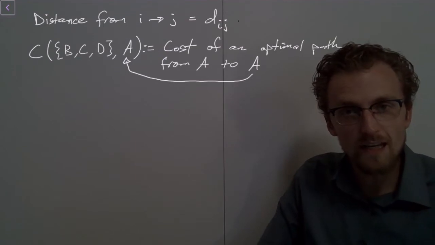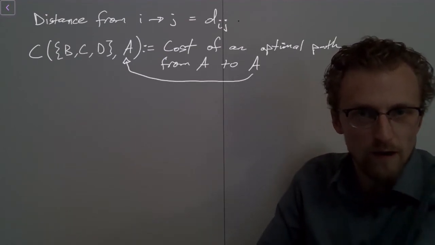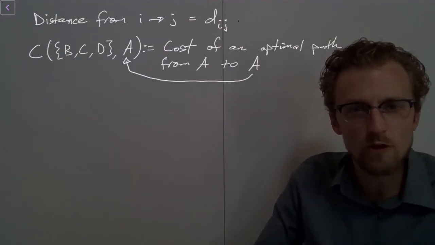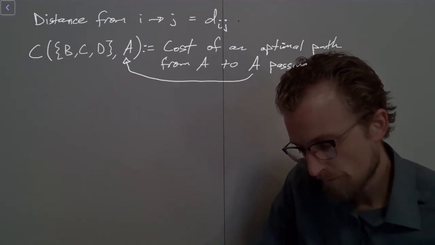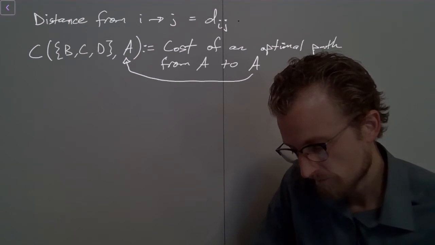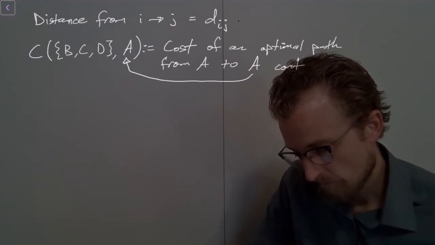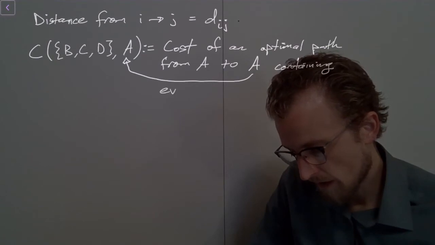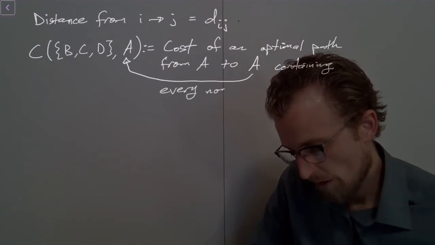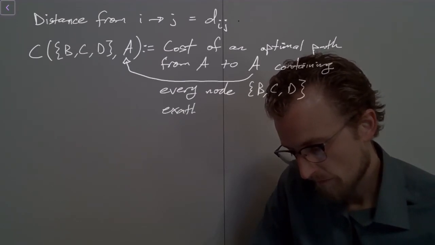And then the second A is where the path stops, so it'll be the last node in the path. And then containing every node B, C, D exactly once.